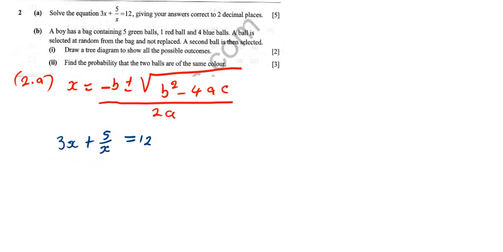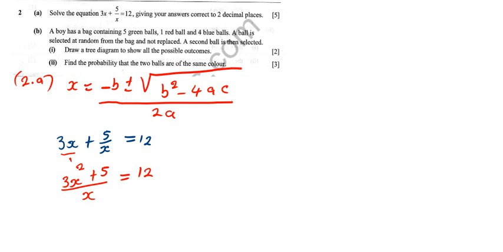In our common denominator, we have 3x, meaning we have a 1 underneath. So finding a common denominator, 1 times x, we are getting x. So x is our common denominator. x times 3x, we are getting 3x squared, plus 5, is equal to 12.